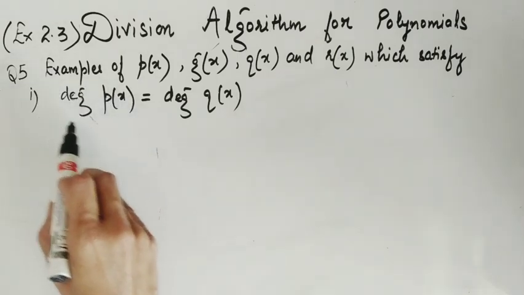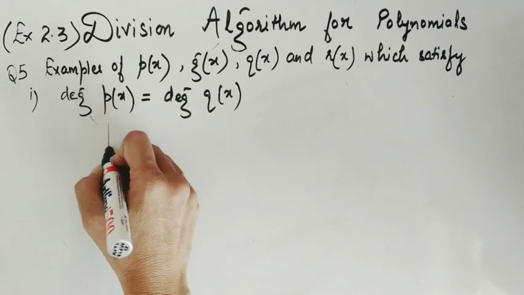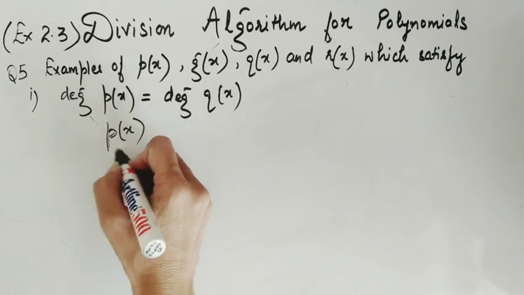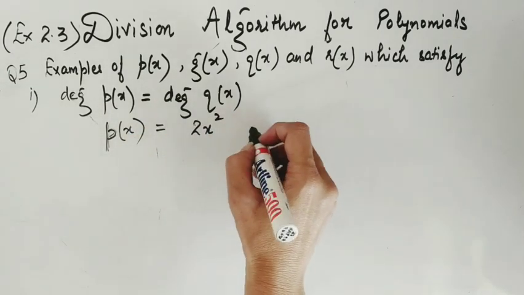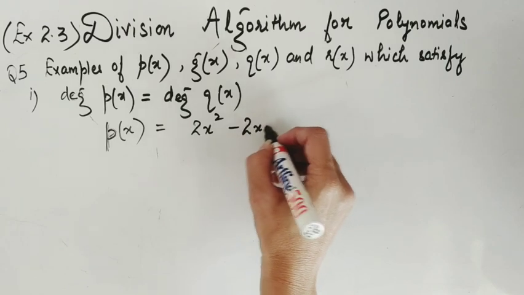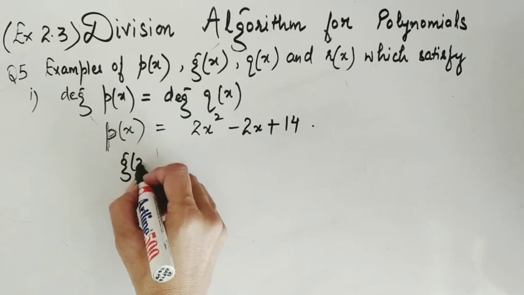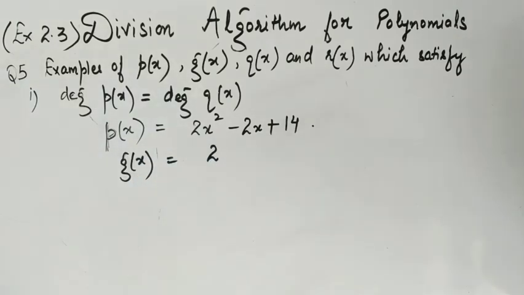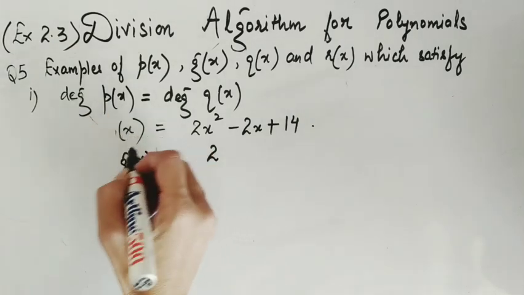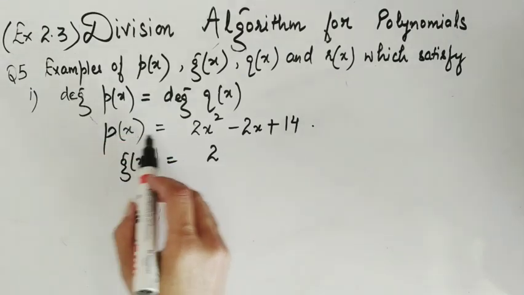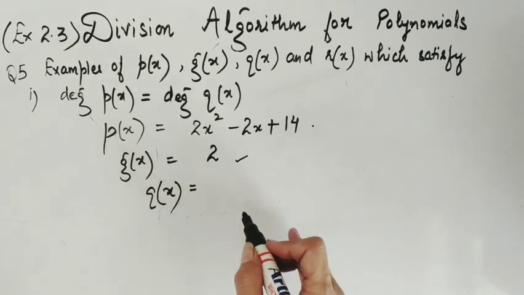Let me take px as twice of x square minus 2x plus 14, and gx would be a constant, because if this polynomial is divided by a constant, qx would have the same degree.